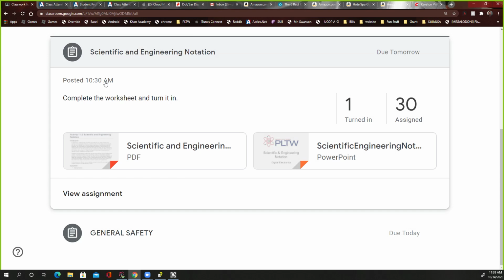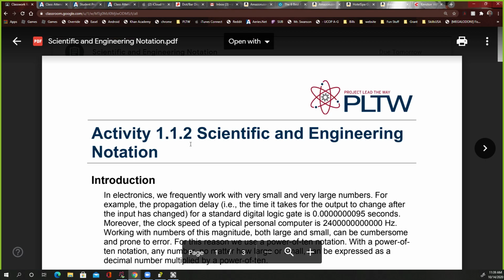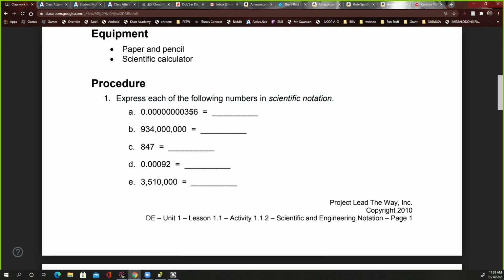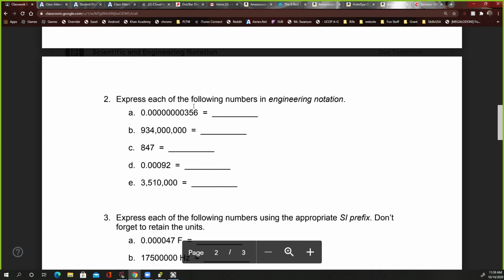So I want you guys to see that in your worksheet right here. This is today's worksheet. Express these in scientific notation. So the answer here is going to be 3.56 for sure, because you're going to move the decimal place till there's only one digit right here. Same thing here, here, and here. Here, we're going to do them in engineering notation.